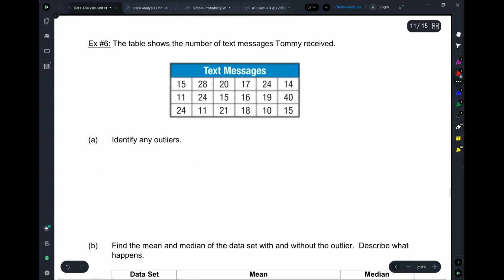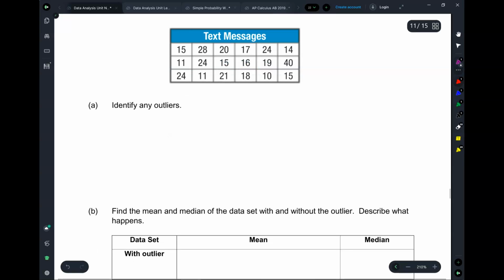Okay, next one. The number of text messages Tommy received. Lots of text for Tommy. This one's important that we sort it from lowest to highest.